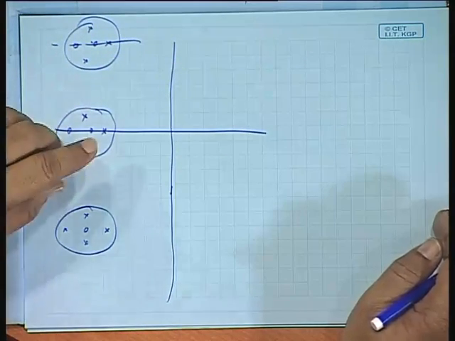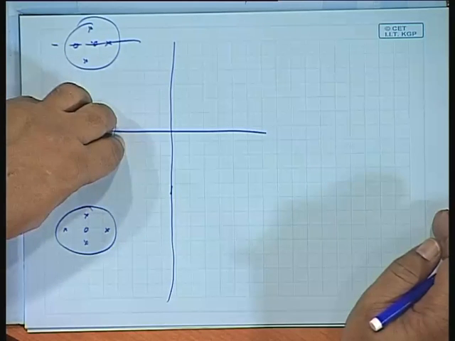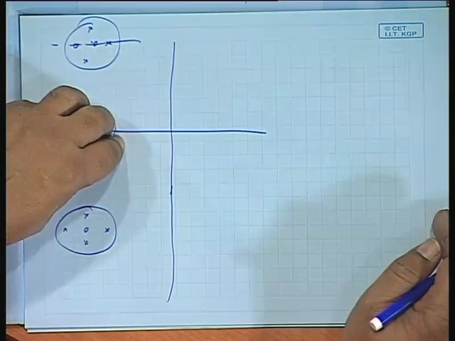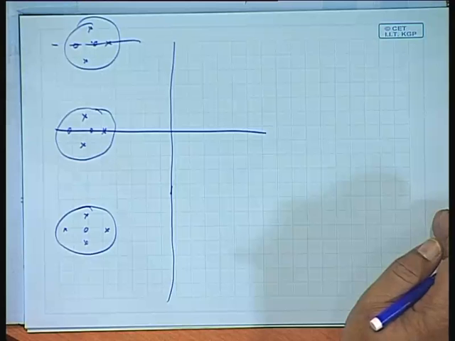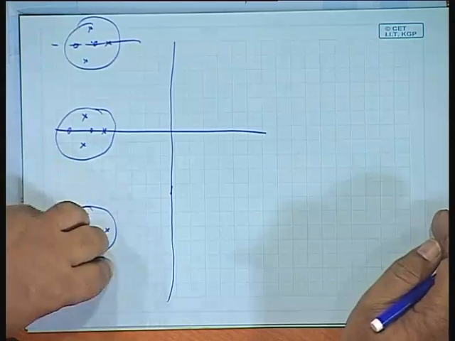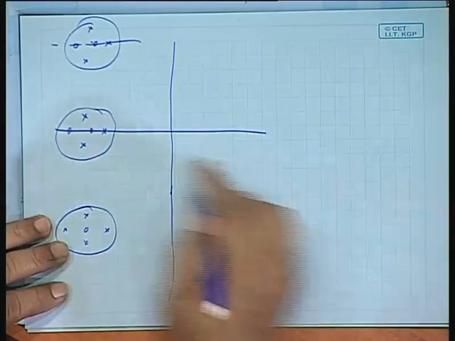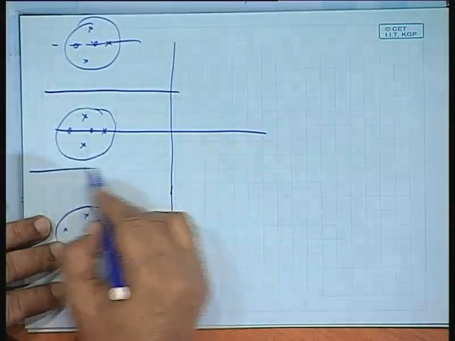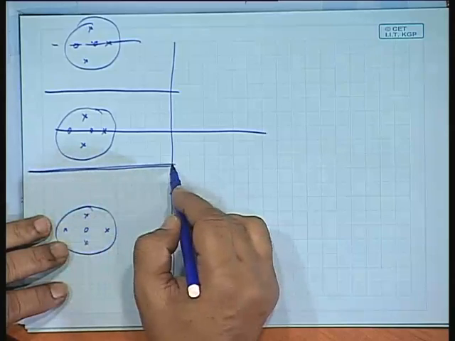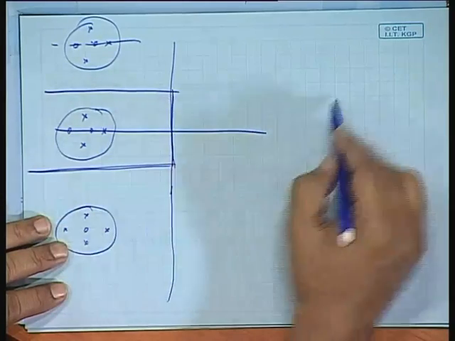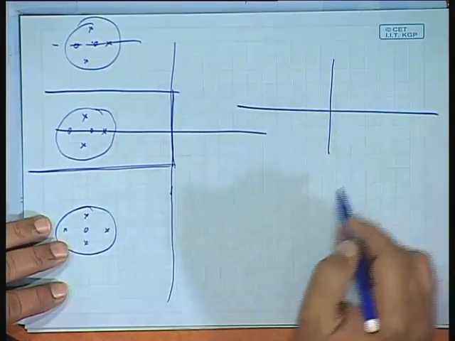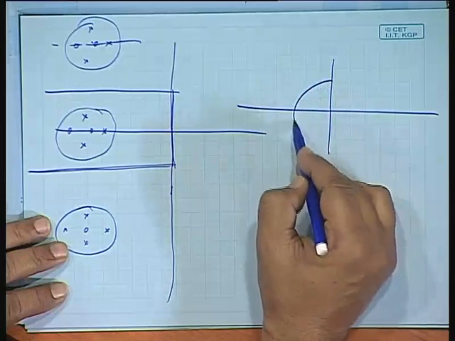If the original function has this as the pole-zero cluster, then if you take the Laplace transform of the sampled function, the poles and zeros will be such clusters appearing an infinite number of times. So if I go from here to here in the z domain, I will make one full circle.